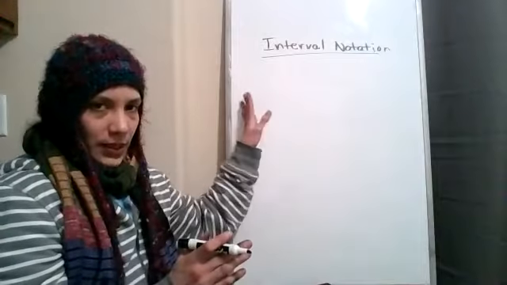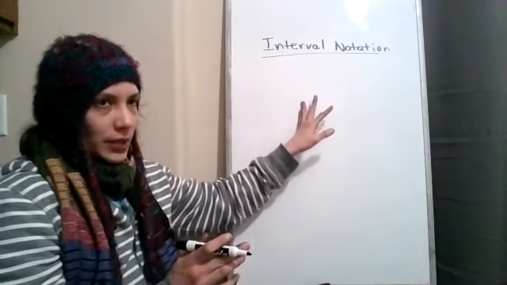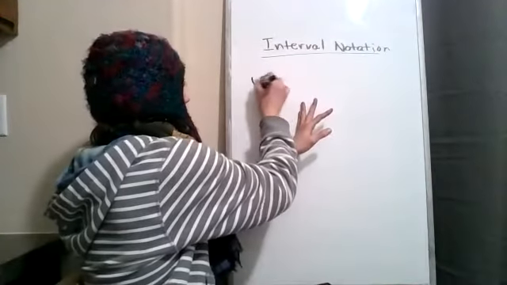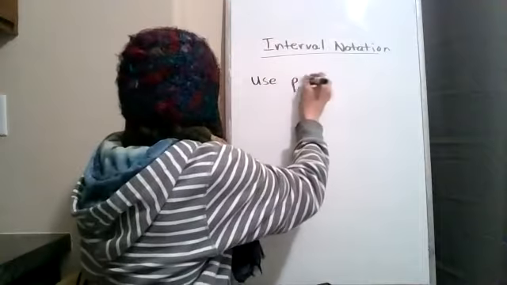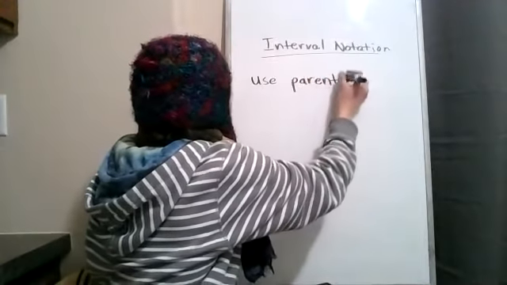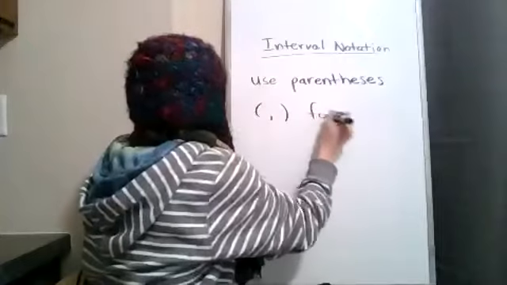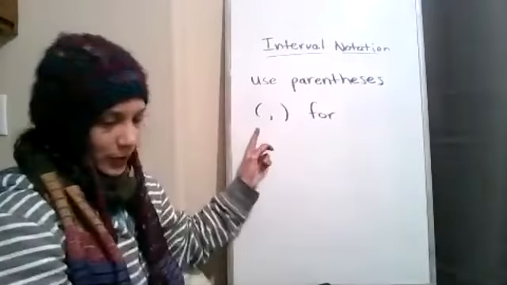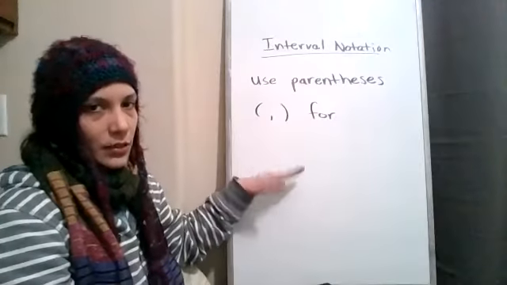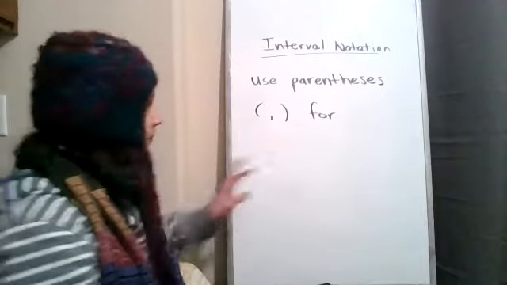Okay, I will stick with the parentheses. These ones are actually supposed to be used for strict inequalities, like strictly less than, strictly greater than.